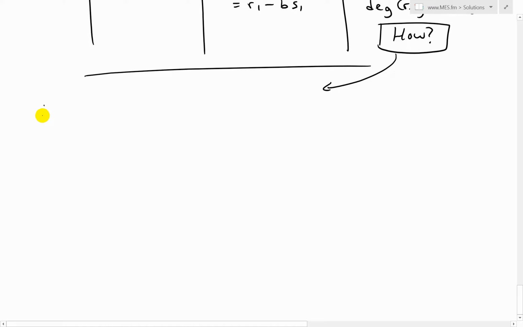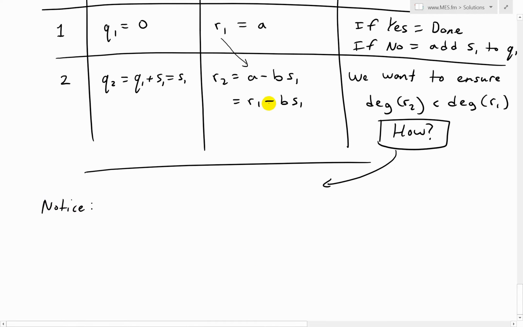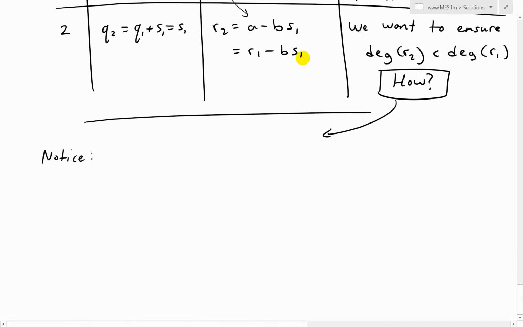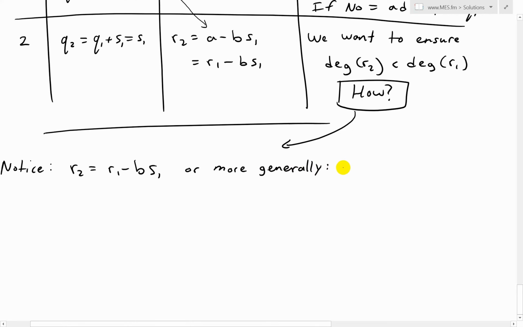So what I'll do is I'll write, notice first, that the thing we need to worry about is this R1 minus BS1. So R2 equals R1 minus BS1, or more generally, instead of 1, I'll put I, and instead of 2, I'll write I plus 1, equals RI minus BSI, so the previous one.